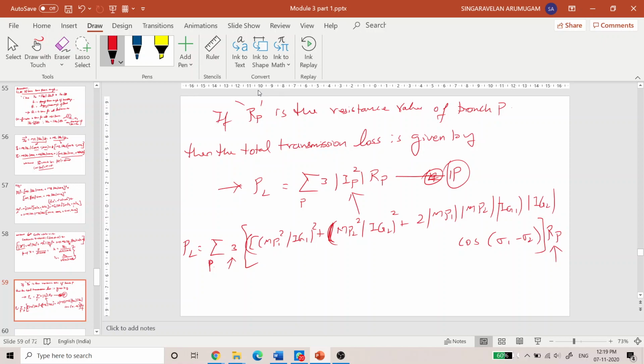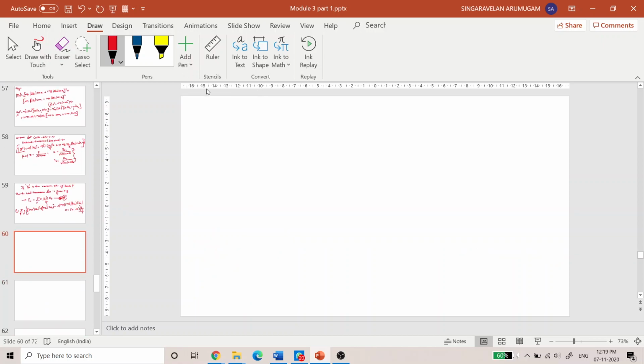And then if you multiply RP inside and the 3 inside, then the final value will be PL is equal to summation of 3 MP1 square Ig1 square RP.